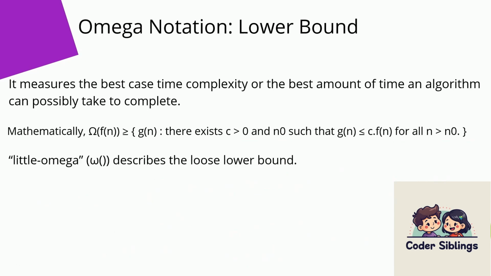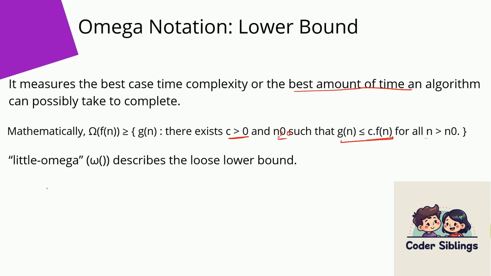Moving on to omega notation, or lower bound, it measures the best case time complexity, or the best amount of time an algorithm can possibly take to complete. Mathematically, omega of g of n is such that there exist constants c greater than 0 and n naught greater than 0, such that g of n is less than or equal to c times f of n for all n greater than or equal to n naught.